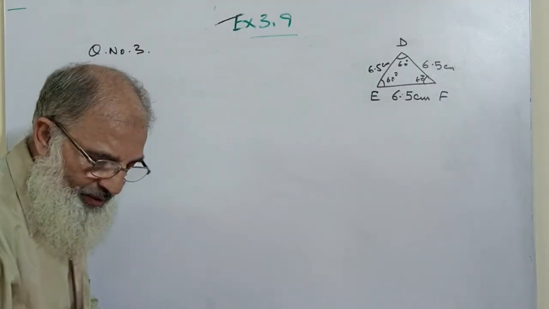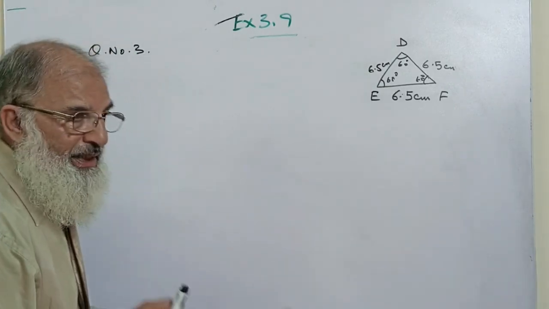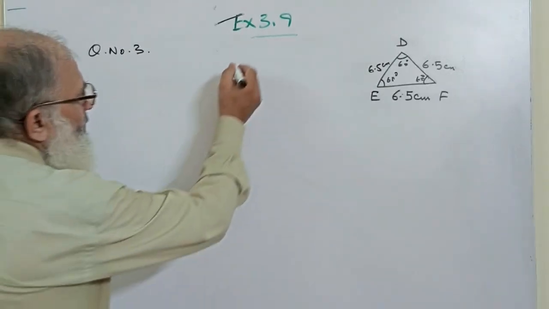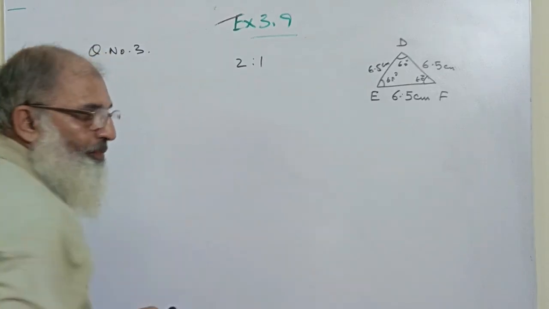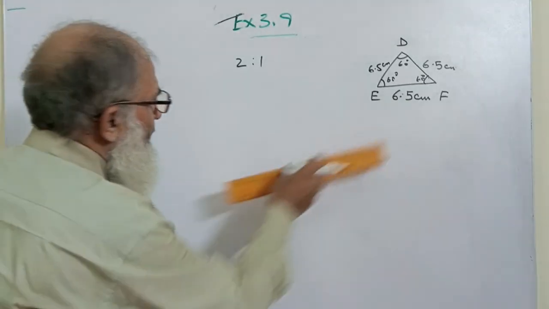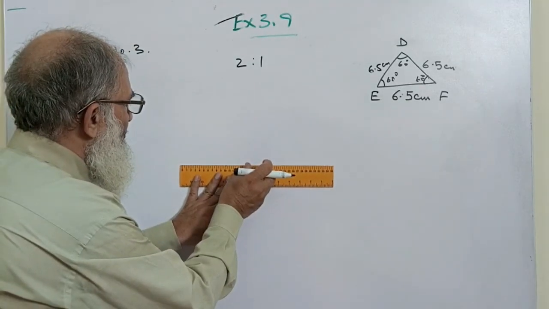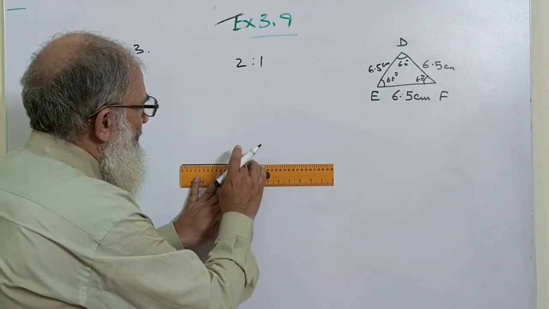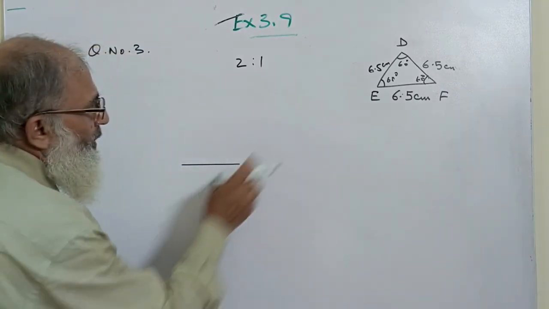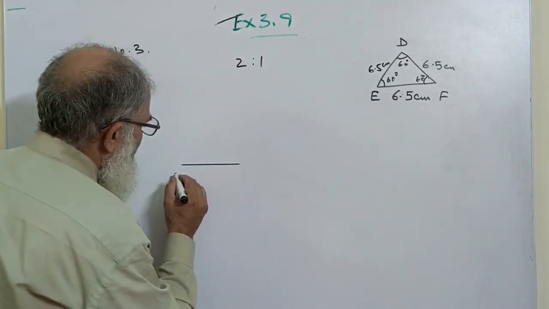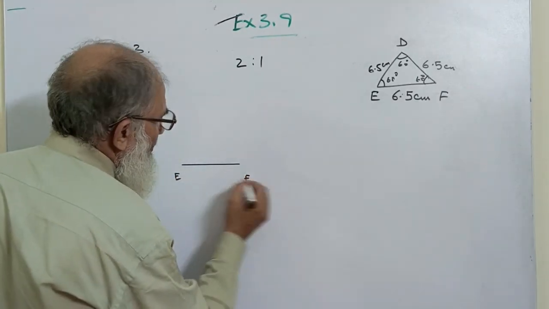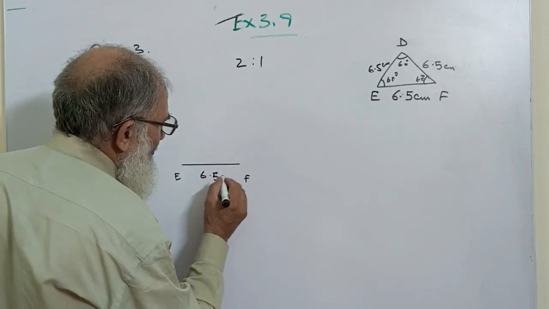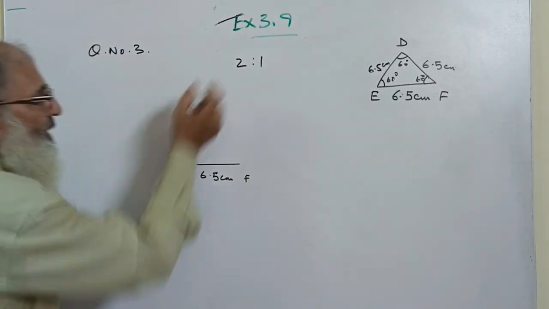So let us try to do it. My scale now will be 2:1. 6.5 here means 13 centimeters. Now EF is 13 centimeters, but I will write 6.5 centimeters because I have told the scale.